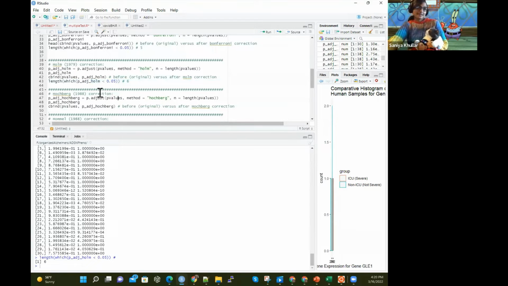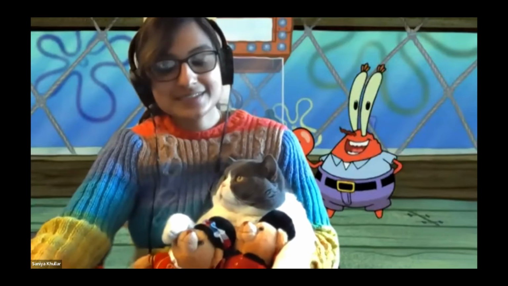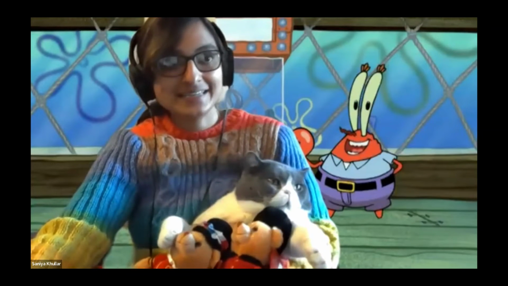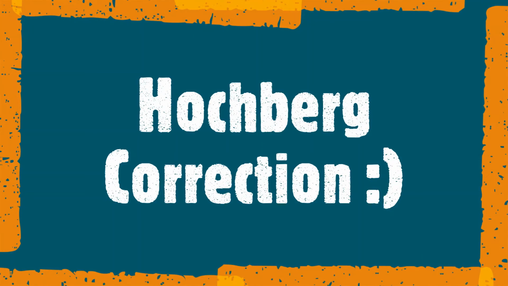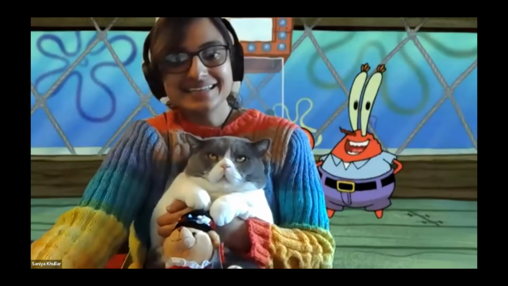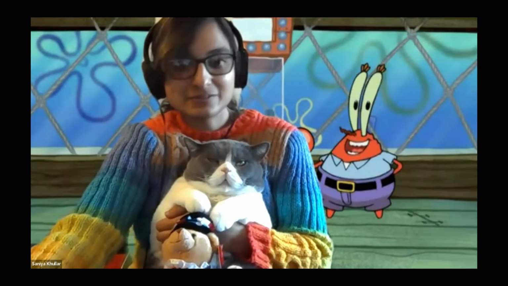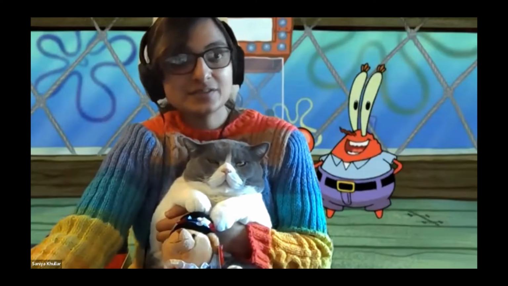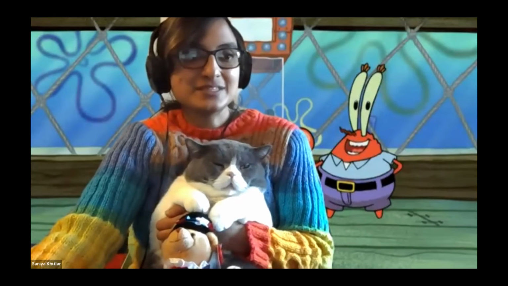And now this is the next kind of test correction, the Hochberg 1988 correction. It's not to be confused with the Benjamini-Hochberg procedure. It's just a Hochberg correction in 1988. There is a little bit of history behind this procedure.